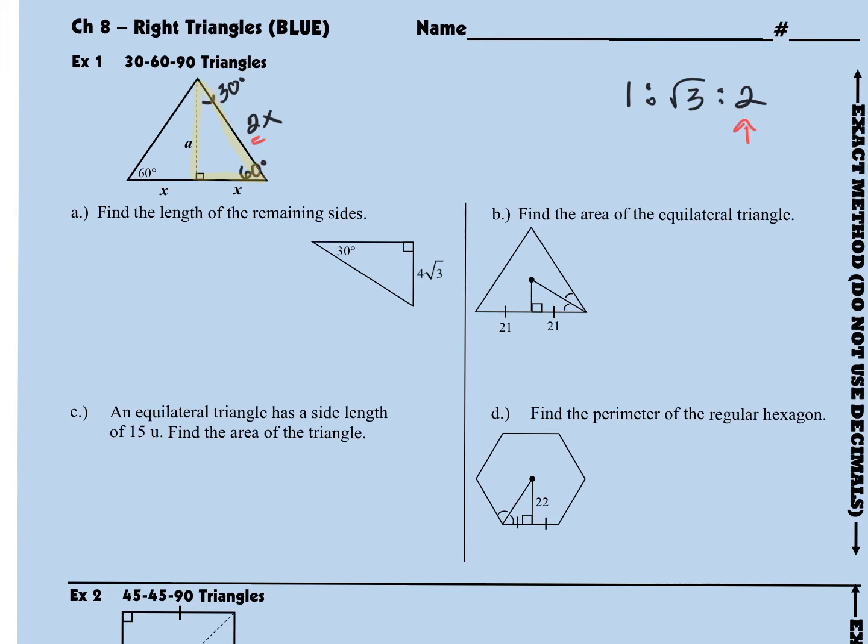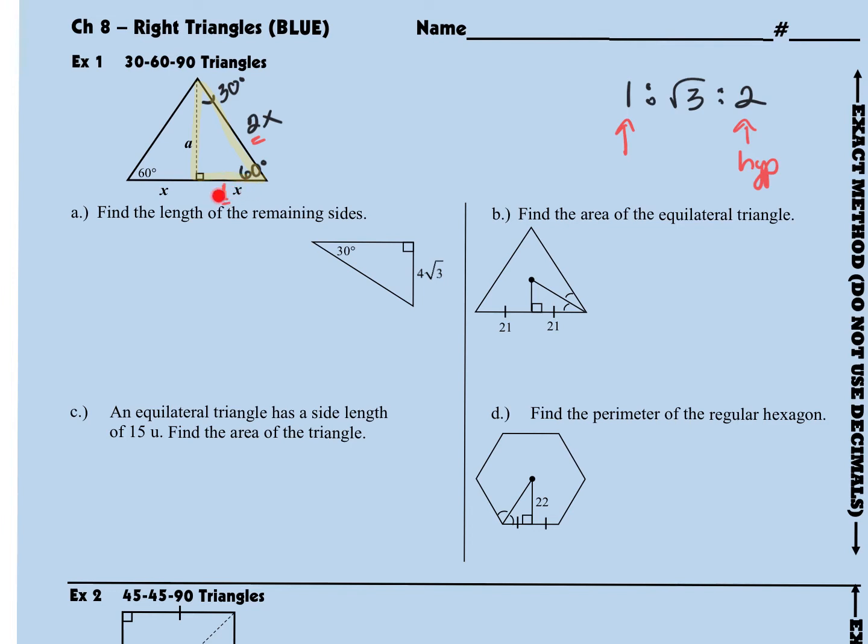So what we want to remember is that 2 is associated with the hypotenuse. Now, this x right here has an implied coefficient of 1 on it. We don't usually write that, but that 1 right there is this one right here.